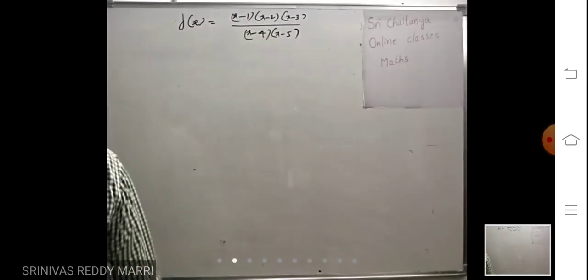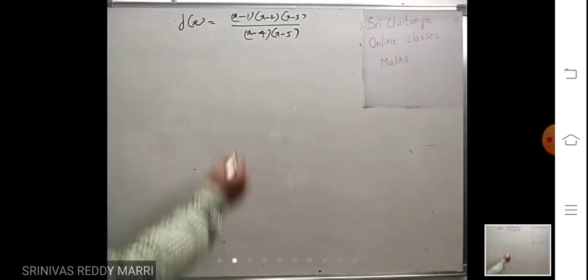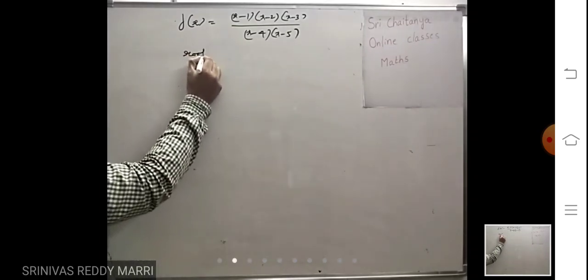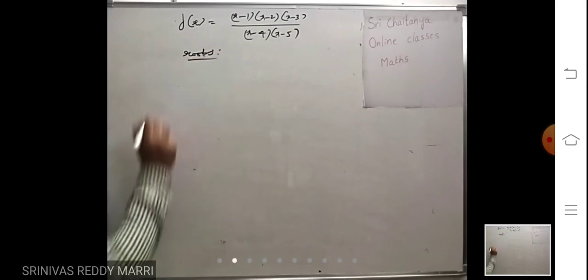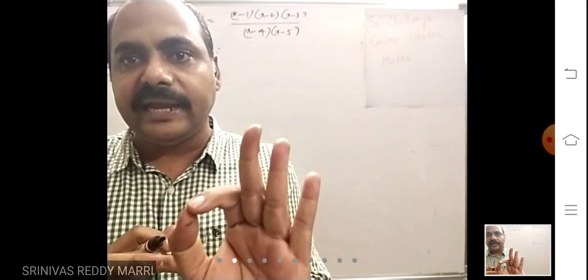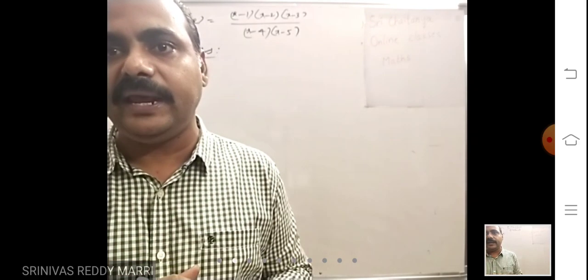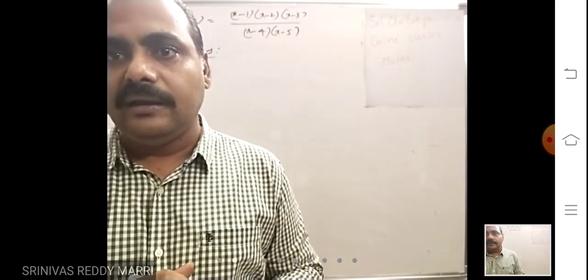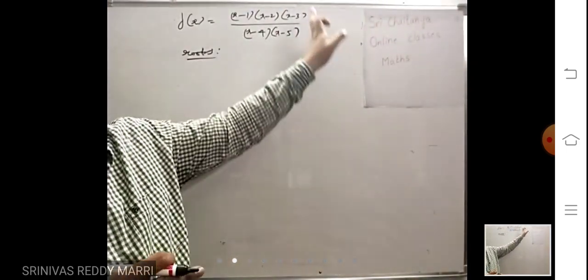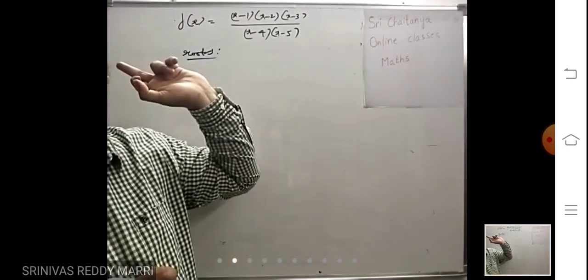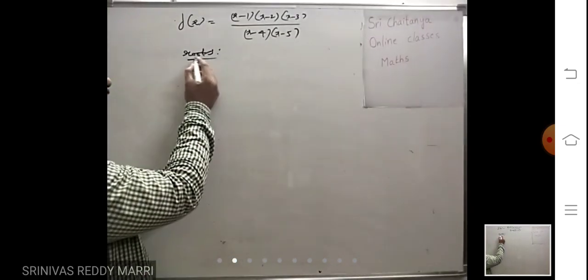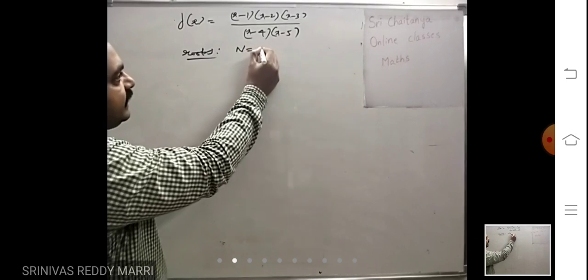So for this f of x, look at roots. Roots means what actually? If you substitute an x, it must be 0. What is the value of x such that this expression will become 0? When the numerator becomes 0, it will become 0. That means roots means numerator equal to 0.